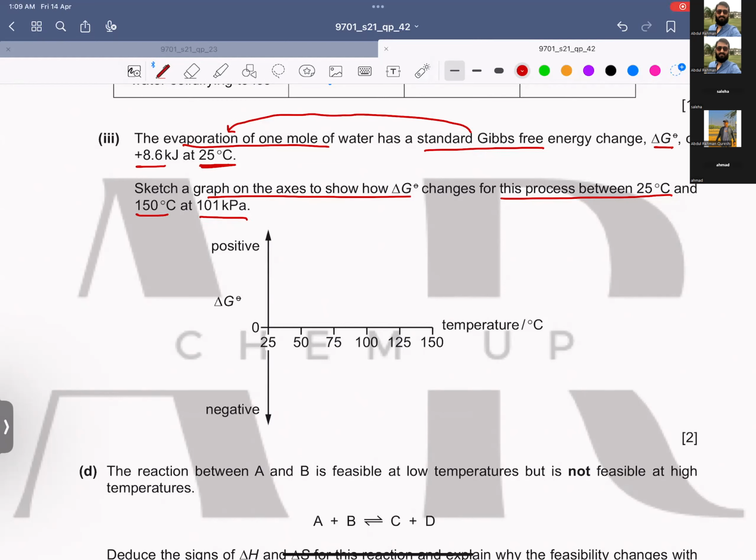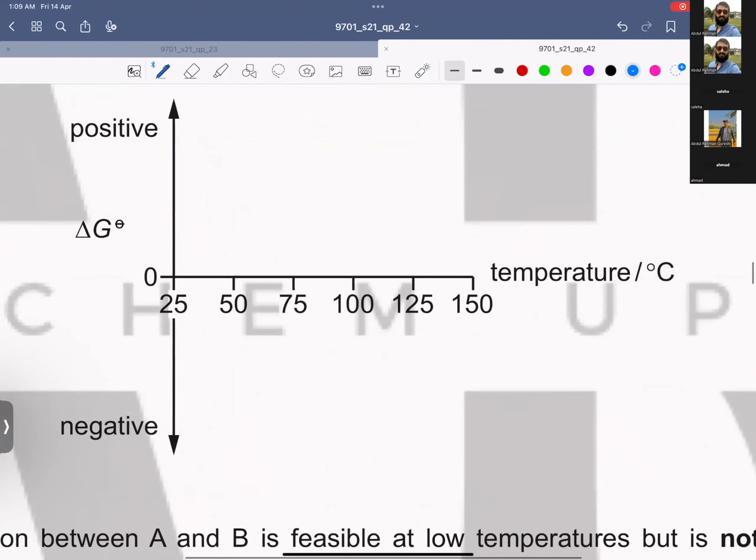So I can conclude that, for example, at 25 degrees Celsius, the delta G is positive 8.6. So let's consider this is 8.6. I'm just putting a point because it's at 25 degrees Celsius. At 100 degrees Celsius, we know it's the boiling point, where both the states coexist.